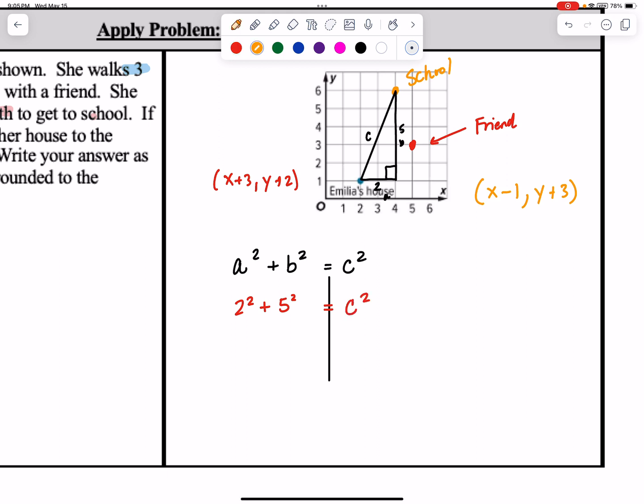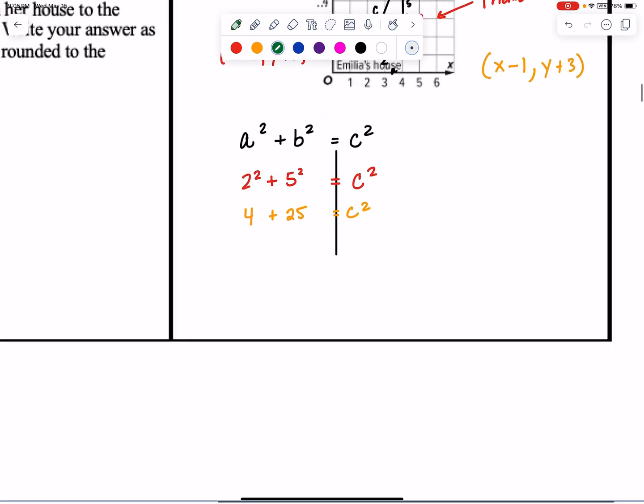Okay, go ahead and solve. 2 times 2 is 4 plus 25 equals c squared. Continue down. 25, 26, 27, 28, 29 equals c squared. How do I get c by itself? Square root of both sides. Cancels that out, and we're left with c equals.